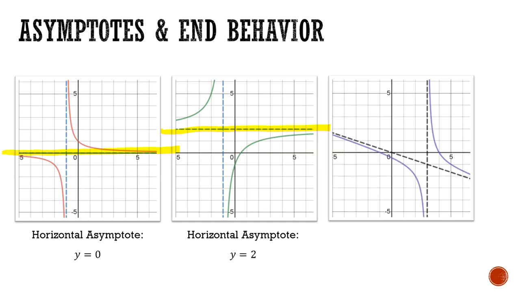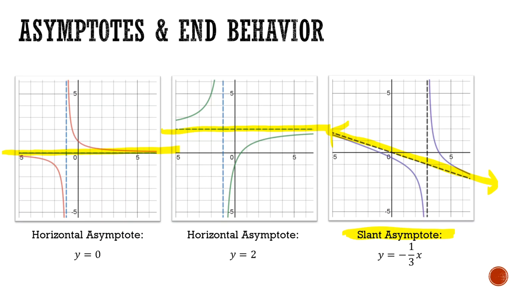Or now, this actually isn't a horizontal asymptote, but you'll notice that, behavior wise, if we're looking over here, this equation approaches this asymptote there. So we still have an asymptote describing the end behavior. It's just called a slant asymptote instead.